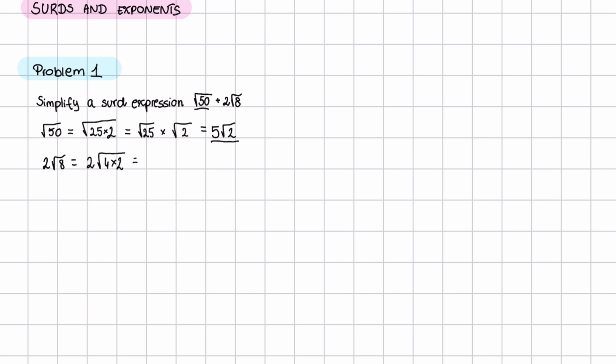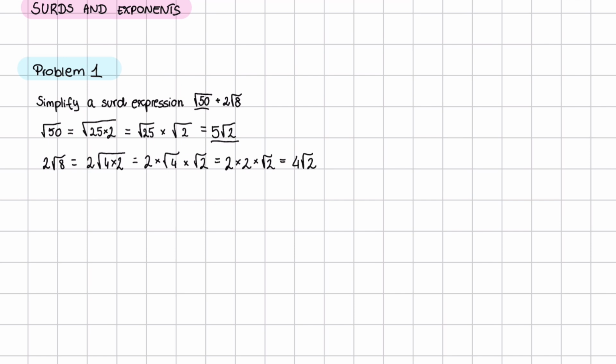So it is basically 2 times square root of 4 times square root of 2. So 2 times square root of 4 is just 2 times 2. So it is 4 square root of 2.